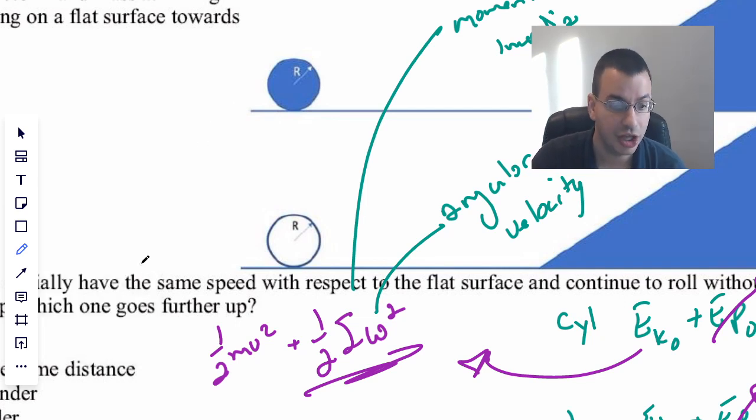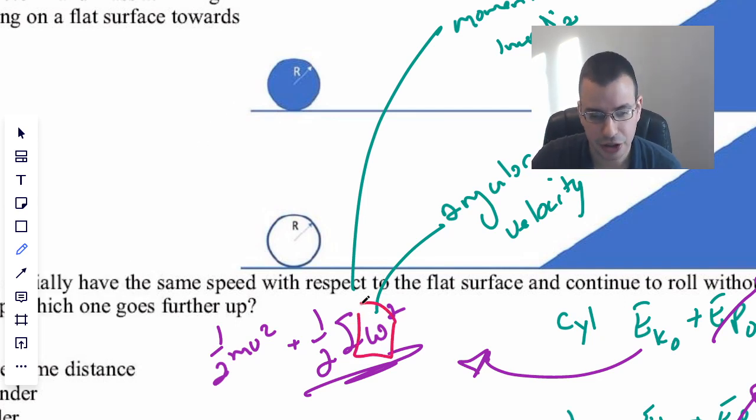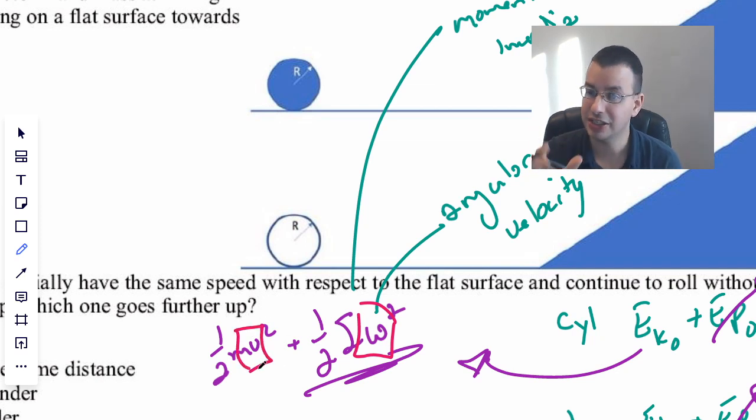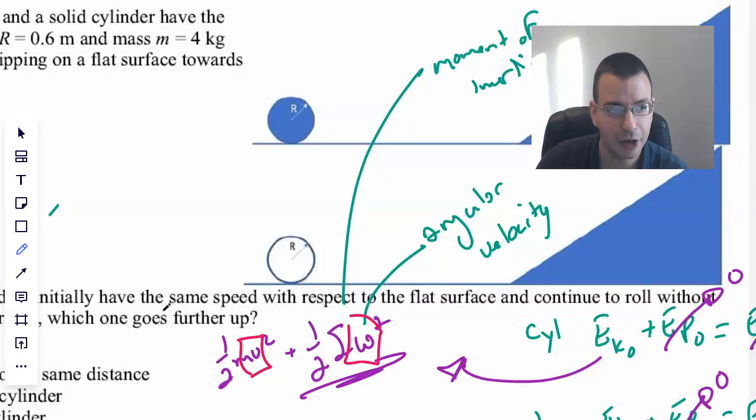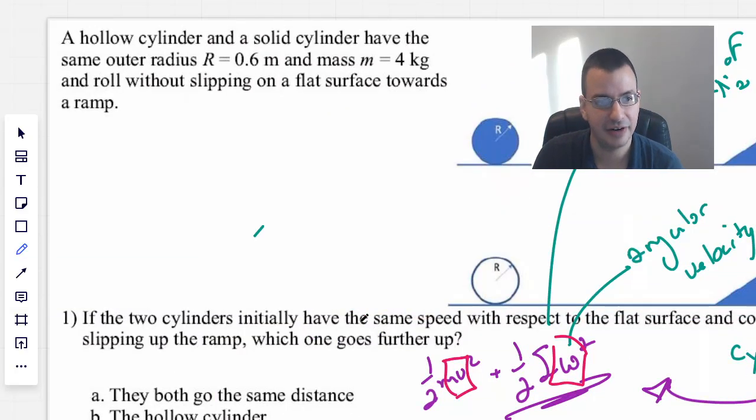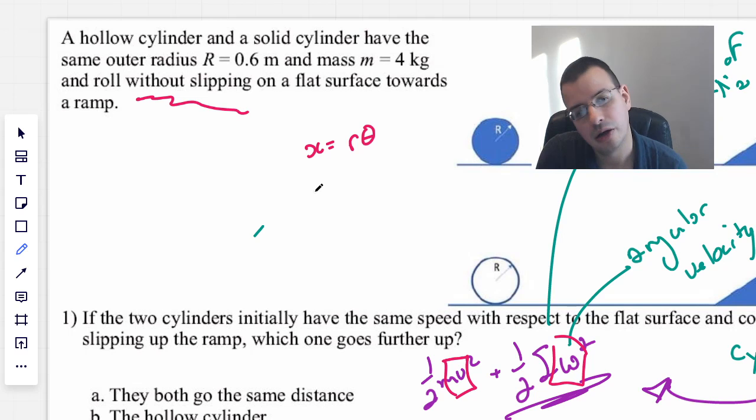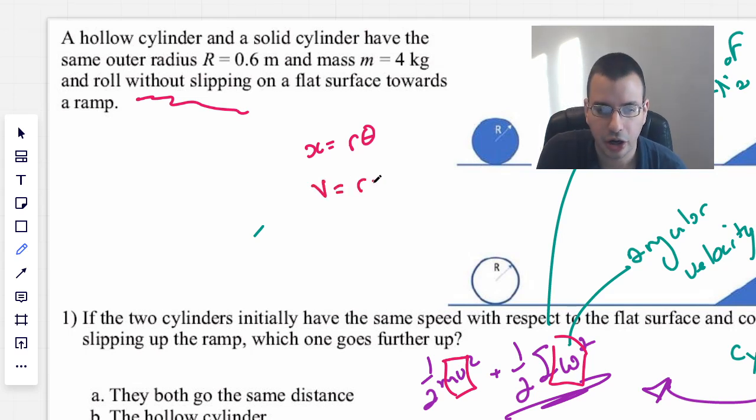Another important thing to notice is there's a relationship between angular velocity and linear translational velocity. When you specifically see the phrase without slipping, that means you can draw a relation between the two. We know the relationship. I start with x equals r theta, v equals r omega, and a equals r alpha.